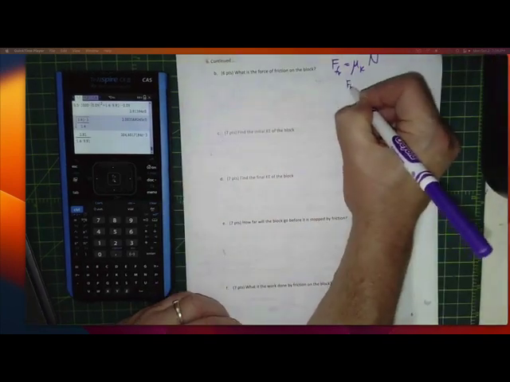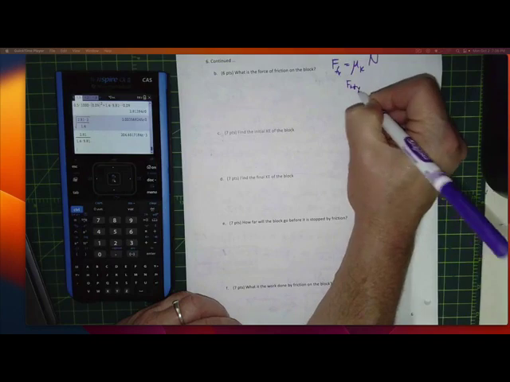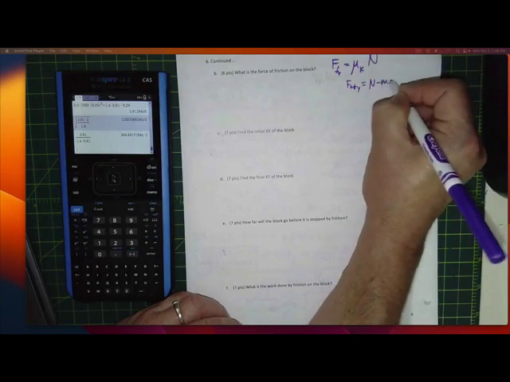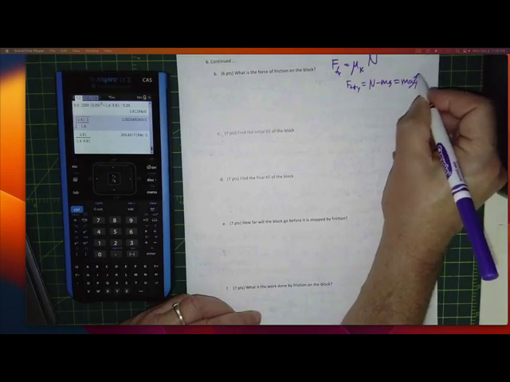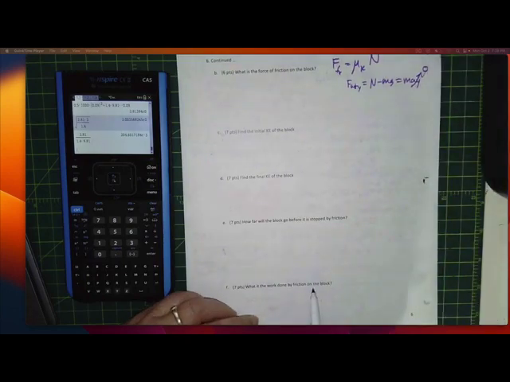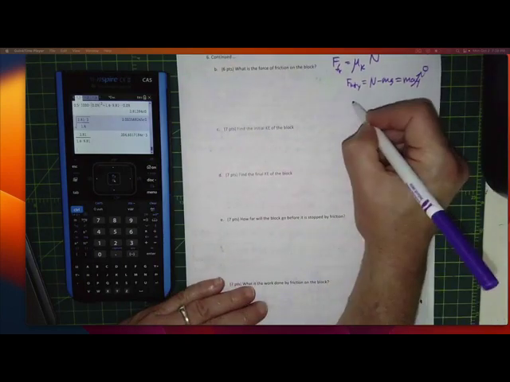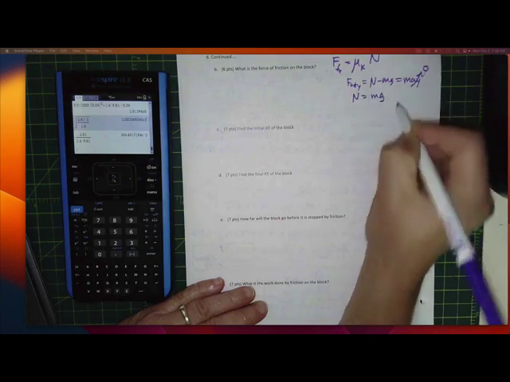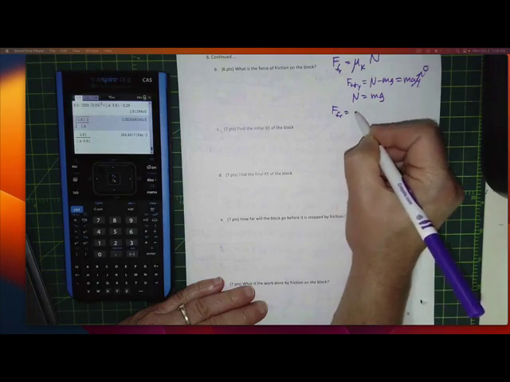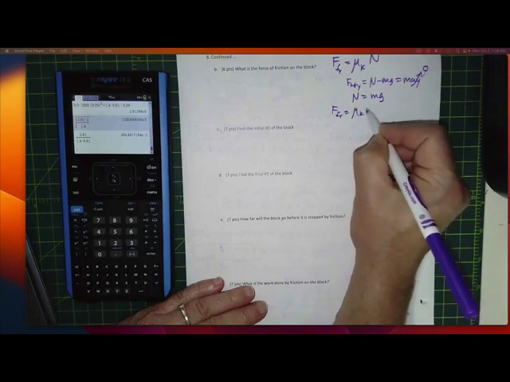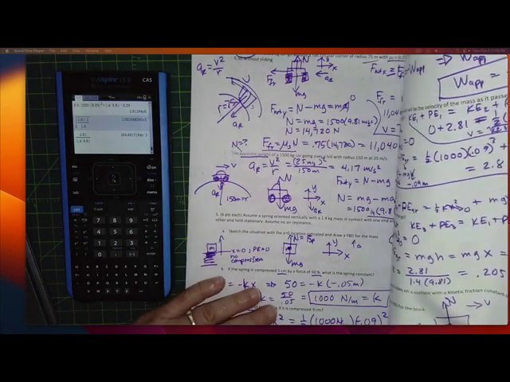So F net y is n minus mg equals may. No acceleration, no velocity in the y direction, so n equals mg. And so the force of friction equals mu k mg. We have all these things.